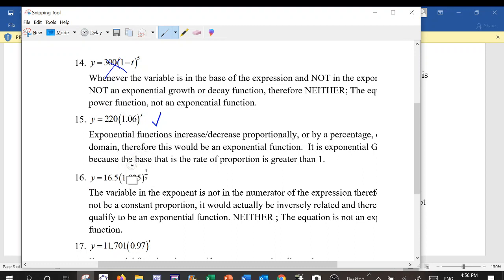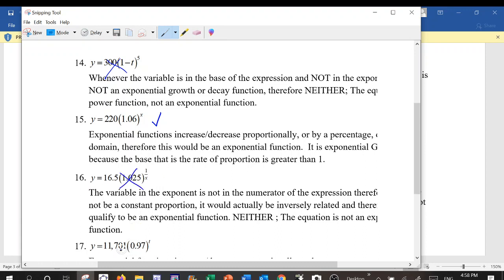What about this one? Well, no, this one is not exponential because the x in the exponent has to be by itself, not in the denominator. We have to have x here, but not this way. This is like 1 over x in the exponent. So that's not exponential growth or decay, none of them. So this one, not that.